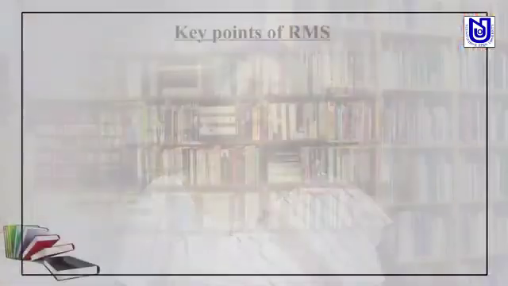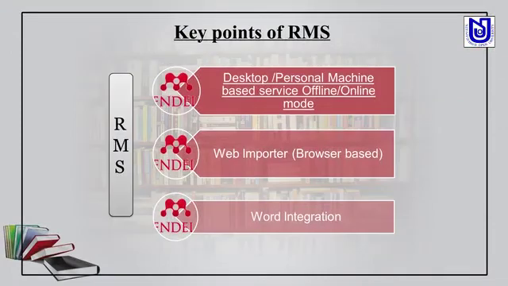I will definitely discuss Mendeley and Zotero in my next lectures, but now I just want to articulate that each and every RMS, that is reference management software, has three parts. You may recognize that there are only three actions we have to do to be associated with the reference management software.